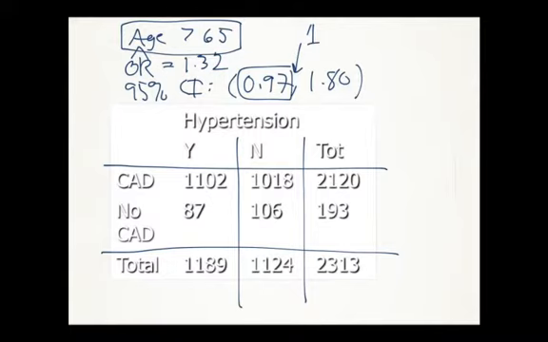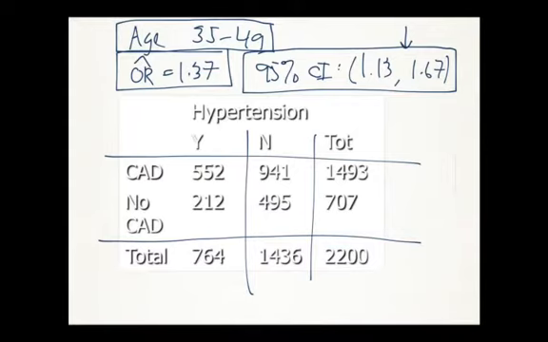The effect was 1.32, and the 95% confidence interval contained 1. Previously, for those aged 35 to 49, we had 1.37, and the confidence interval here did not contain the value of 1.